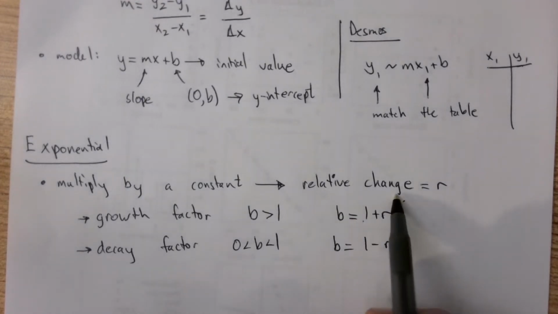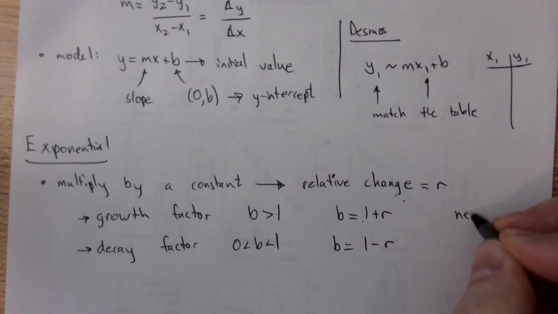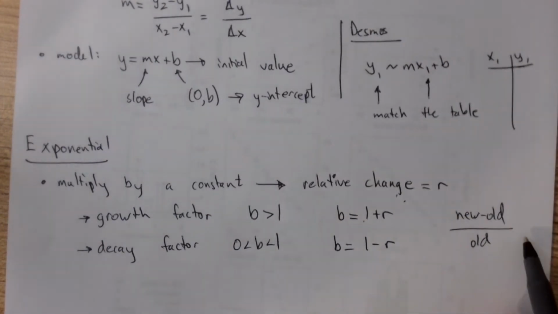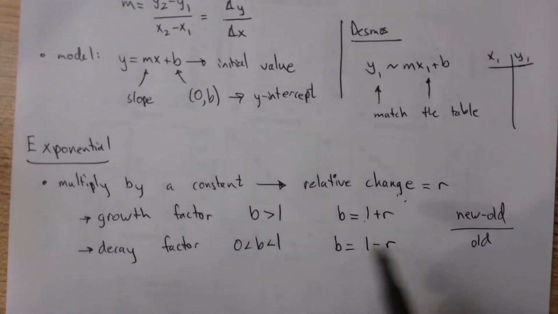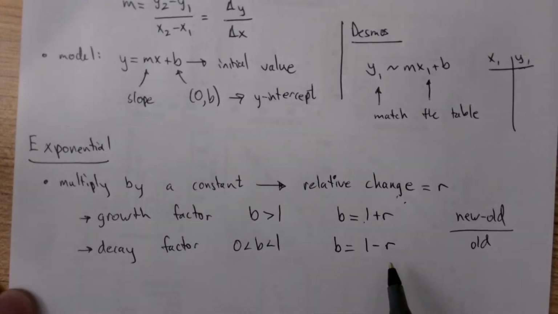Now, when you use the relative change formula, that new minus old divided by old, if it's decay, this value will be a negative number, so you would just do 1 minus that value, not 1 minus a minus, right? So this b value, often we think of the decay rate as a positive value that we then subtract from 1. So be careful of that.